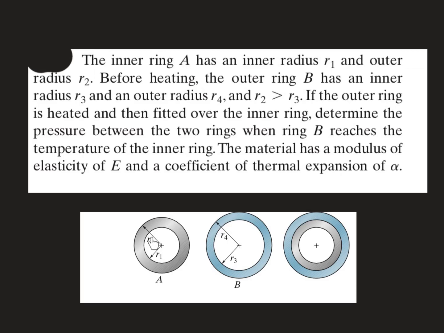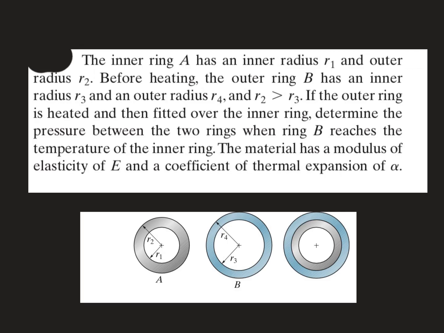Then you can't simply fit this inner ring A inside the outer ring B. You can't simply fit it in. So what you will do, you will heat this outer ring and then try to fit it over the inner ring A. Make sense?